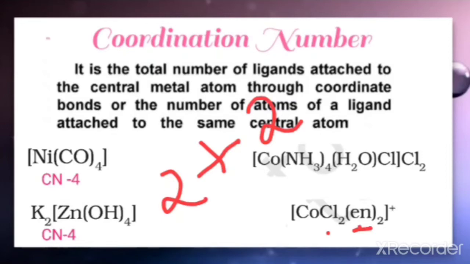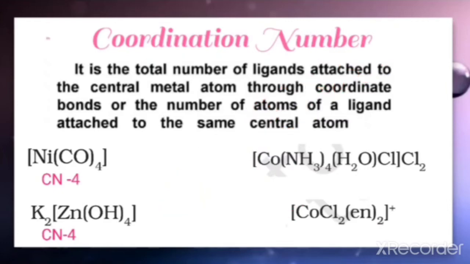So if 1 En can form 2 coordinate covalent bonds, then 2 En can form 2 into 2, that is 4 coordinate covalent bonds. So the total is equal to 6. So the coordination number for these two will be equal to 6.